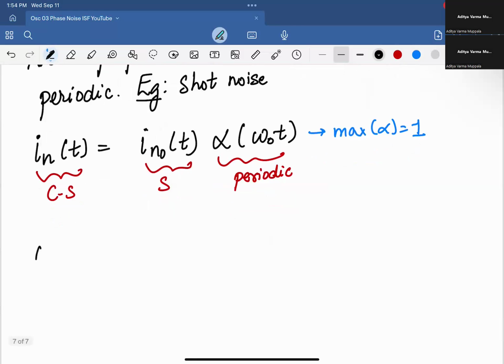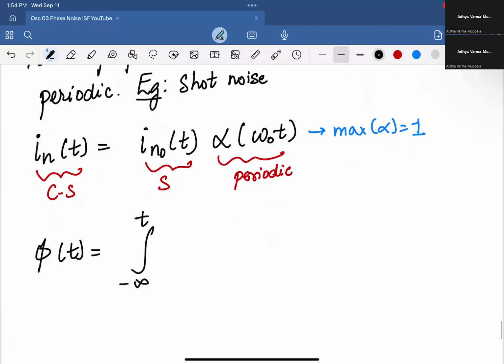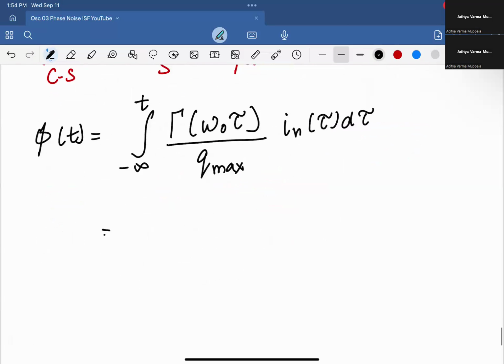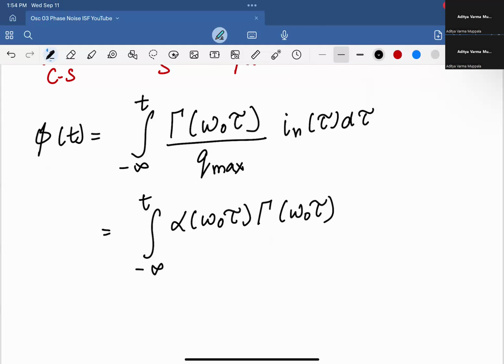Okay. Given this, if you go back and look at the phi(t) integral, which was the convolution integral, gamma of omega naught tau divided by q max times i_n of tau d tau, now we can decompose this into the integral from minus infinity to t of alpha of omega naught tau times gamma of omega naught tau divided by q max times i_n0 of tau d tau.